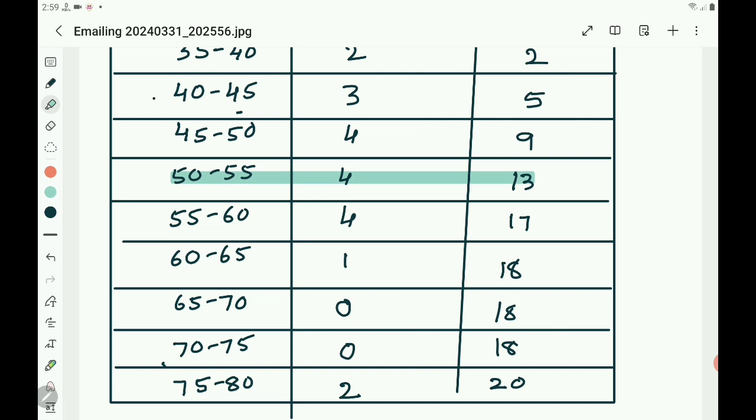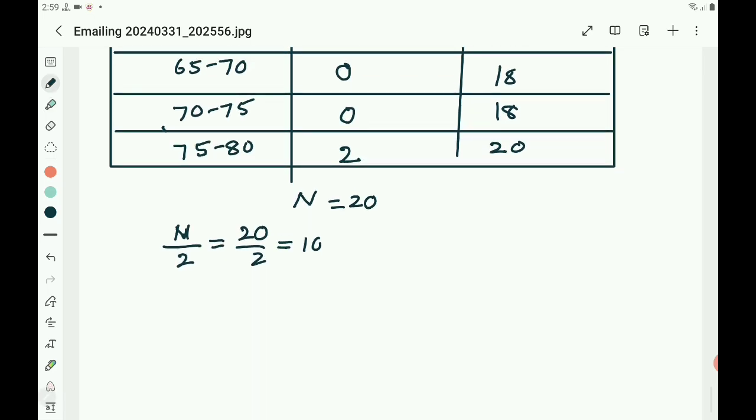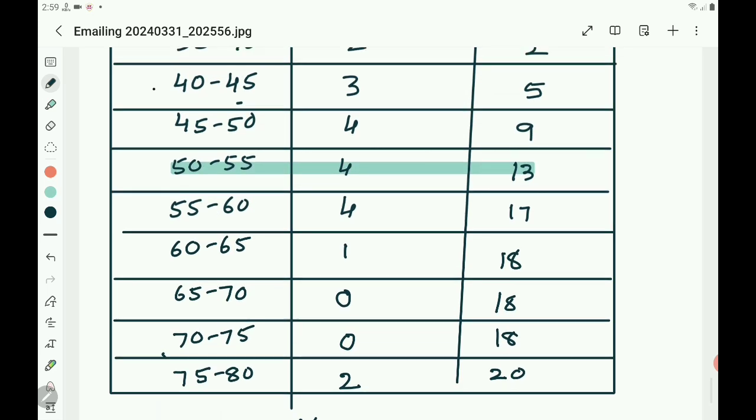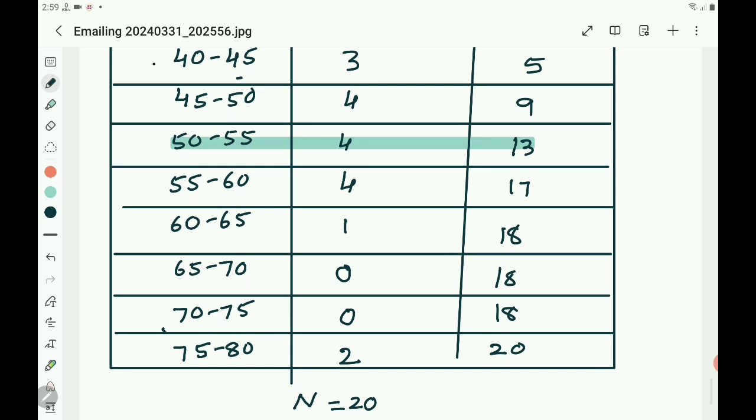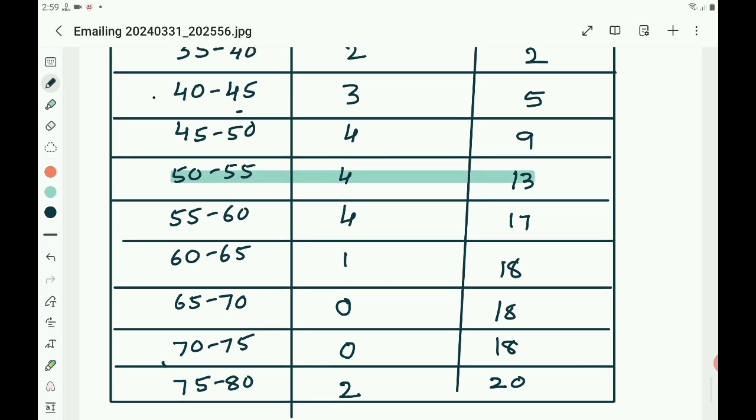Then you write, median class is 50 to 55. Then we have to find out CF, F, L and H. F is the frequency of the median class and CF is the cumulative frequency of the previous class and L is the lower limit of the median class.